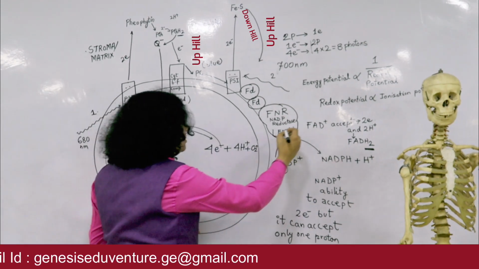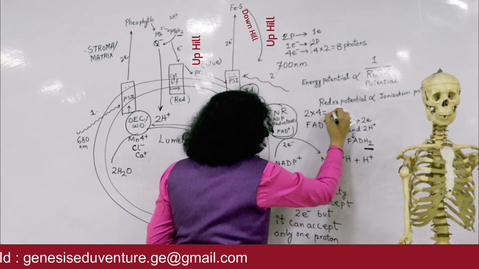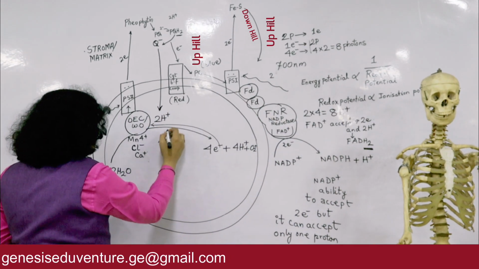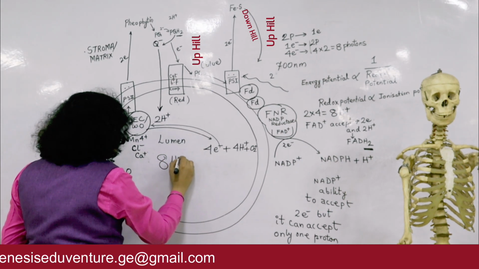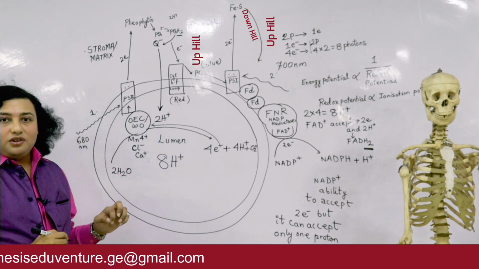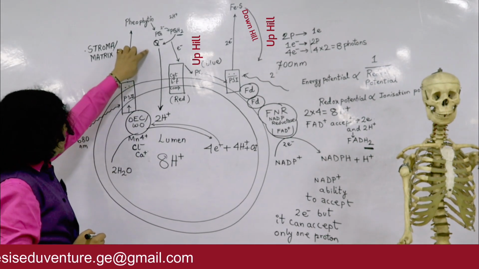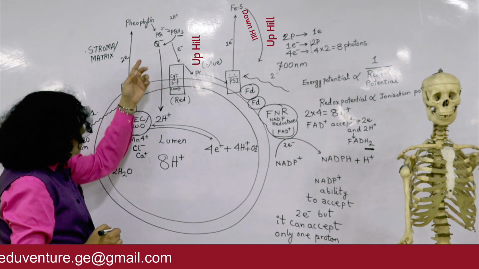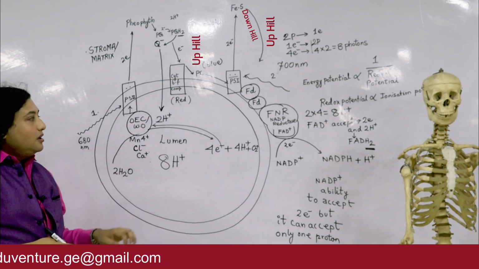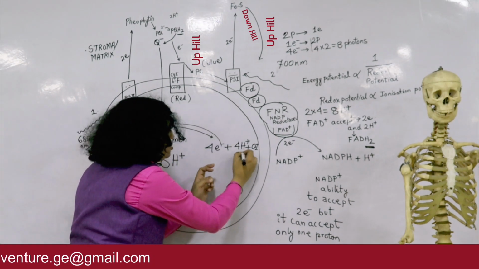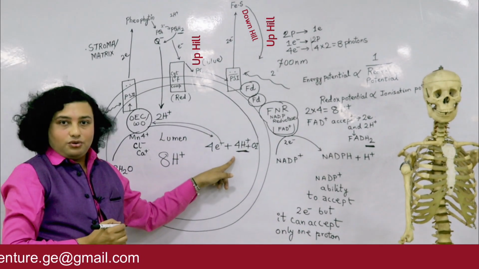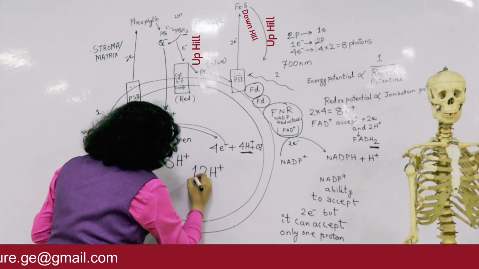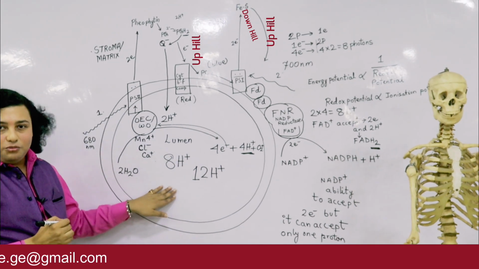That is 2 into 4, that is 8 protons. Already, how many protons are present due to photolysis? That is 4. So 4 plus 8, how much? 12. 12 protons are now present inside the lumen of the thylakoid.